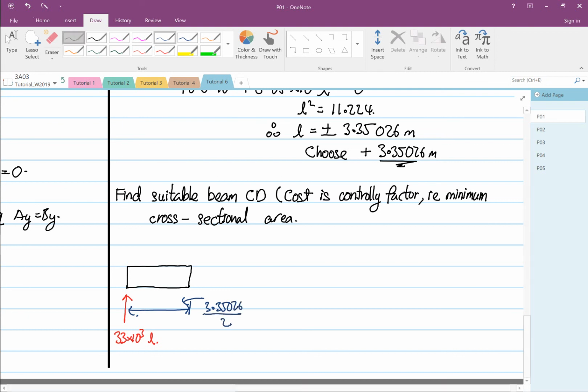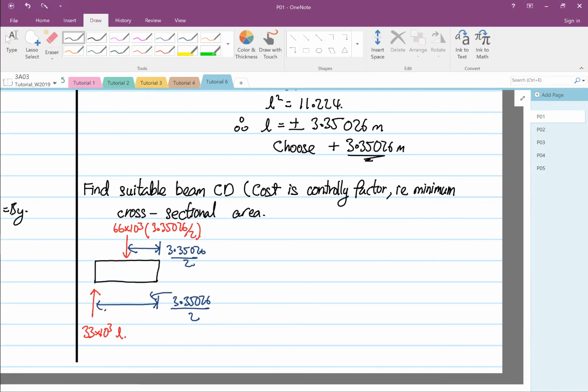Then we know the load on the top, the evenly distributed load, will be 66 times 10 to the power 3 multiplied by 3.35026 divided by 2. And finally the distance from the distributed load to here will be equal to 3.35026 divided by 2. Like what I said, always solve out your distance first.